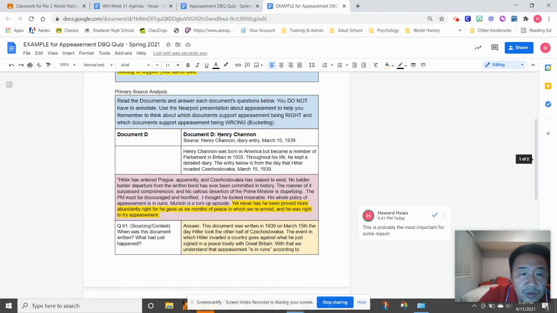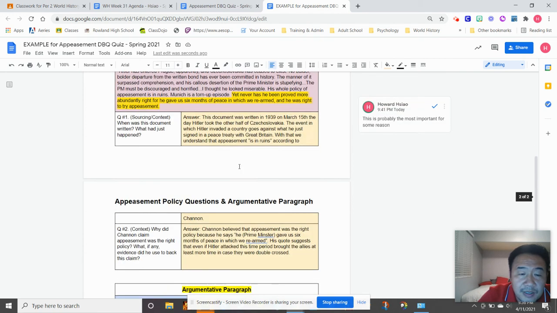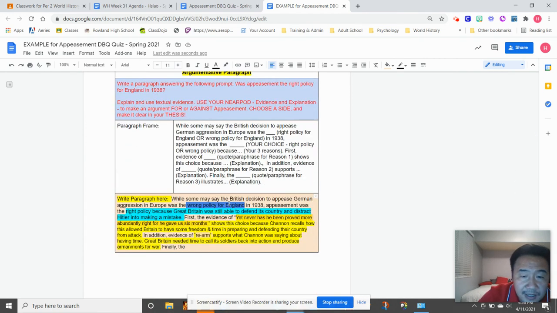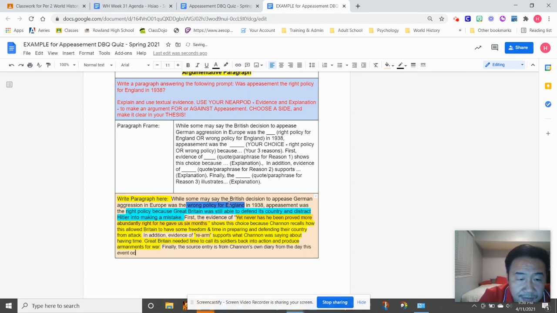You could even use information from the source. Finally, the source entry is from Channon's own diary from the day this event occurred.